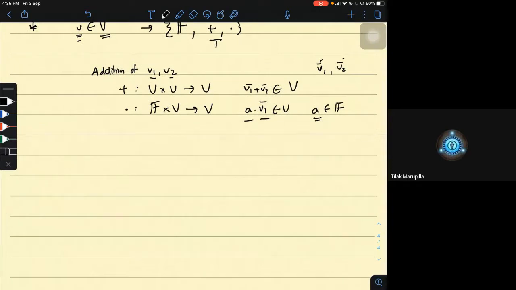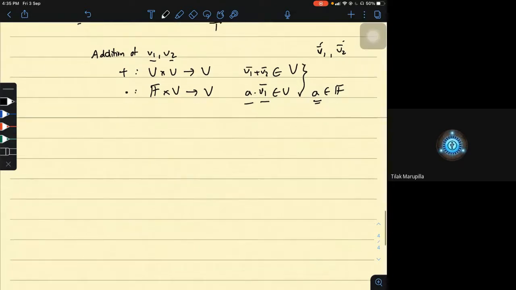So this is something like a closure requirement for vector spaces. So now, similar to fields, you have the associativity, commutativity, identity, inverse. So apart from those basic requirements, we have the scalar multiplication.